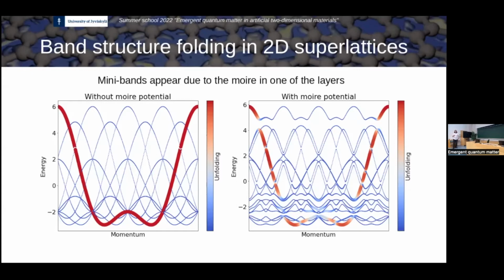And let me emphasize that these gaps that you see in the 2D moire have the very same nature as the gaps that we saw in the one-dimensional quasi-periodic potential. And then, of course, when you project onto the electronic structure of the minimal unit cell, you again shatter your electronic structure into different mini-bands. So you get one mini-band at the very top, and then the electronic structure keeps being shattered all over momentum space.